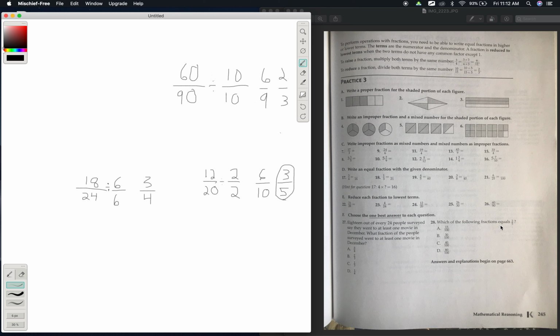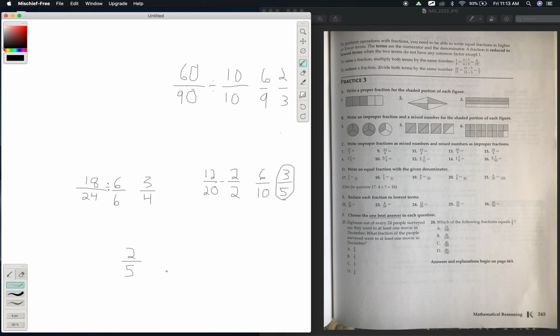Which of the following fractions equals 2/5? So this is a little bit different than what we've done. So 2/5. Look at all our answers here. We know that 5 equals 100 because it's trying to get us to change it to one of these numbers, and they all have 100 there.